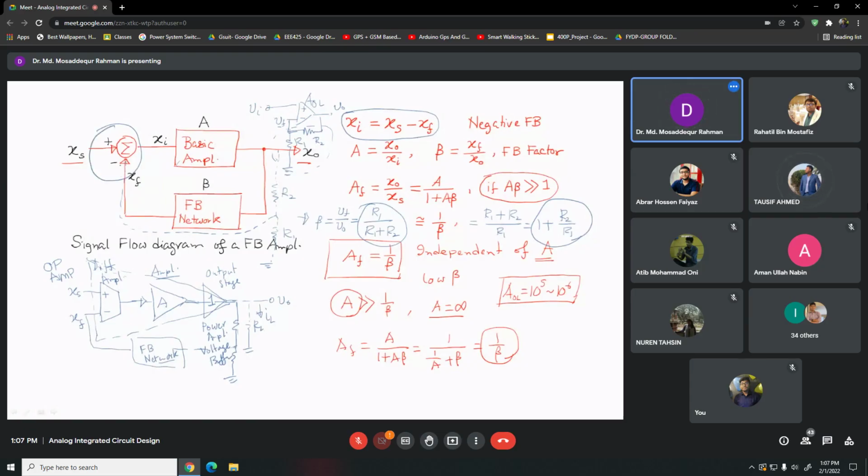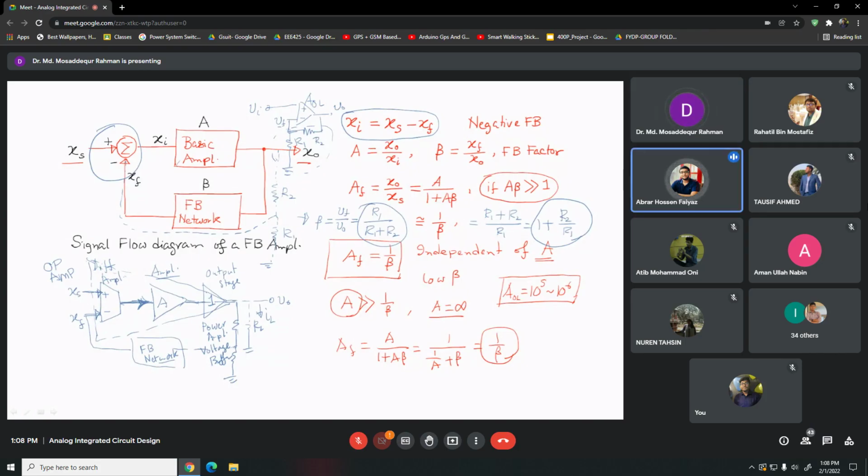Sir, between the difference amplifier and the amplifier, there is a small gate-like symbol. This one? Yes, sir. Oh, this one is just an arrow sign, showing the signal flow direction.